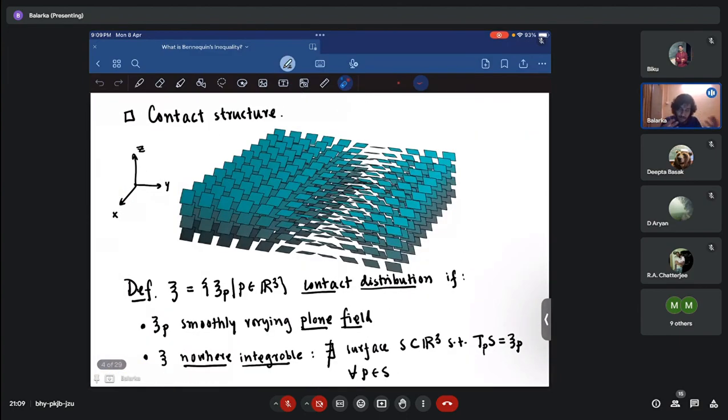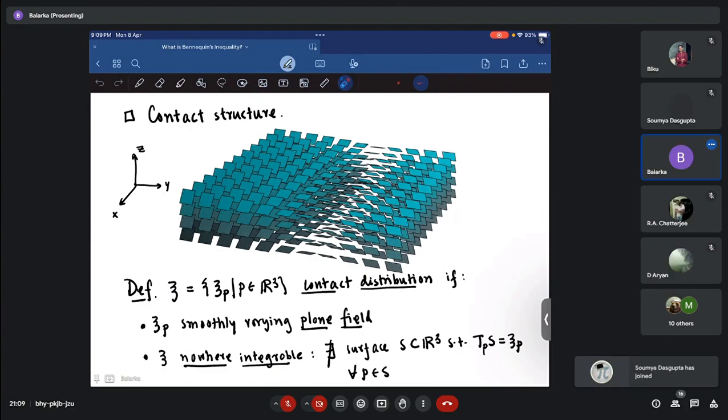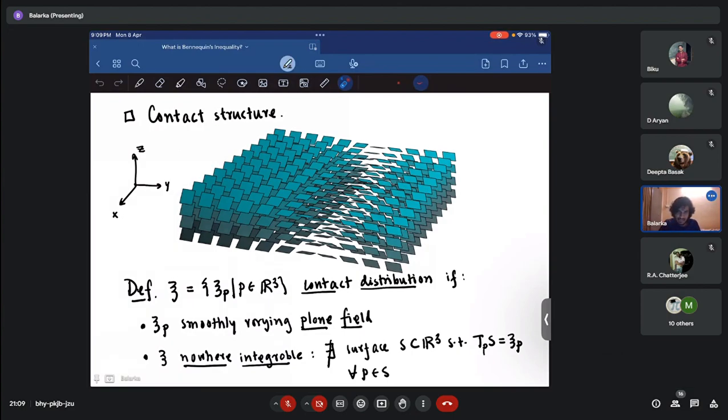But before going there, I need to describe to you a bunch of players in this story that is Bennequin's inequality. The first character is a contact structure. So what is a contact structure? Well, before going into the details, when I think of a contact structure, I think of this picture. It's a picture of a plane field, just like a vector field.